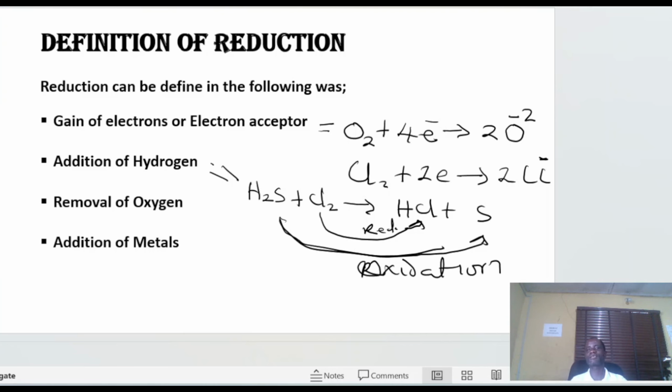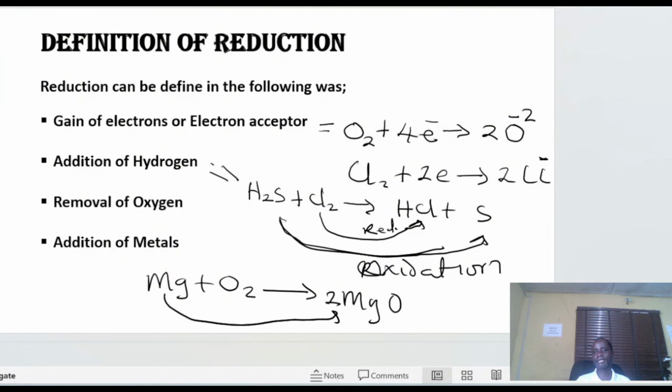Therefore, let's now look at the addition of metal. Addition of metal also brings about reduction. For example, when you have magnesium plus oxygen gas, the oxidation number of this oxygen gas is 0 here, and then when you combine it becomes MgO, so that will balance it.